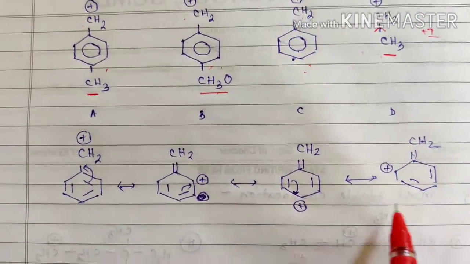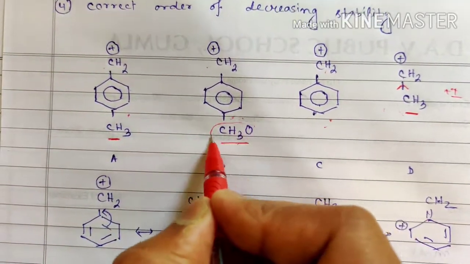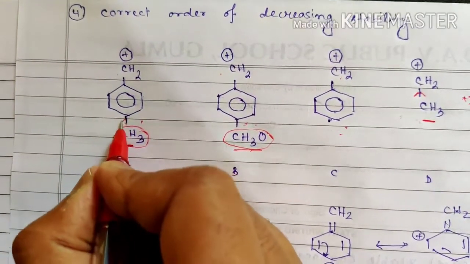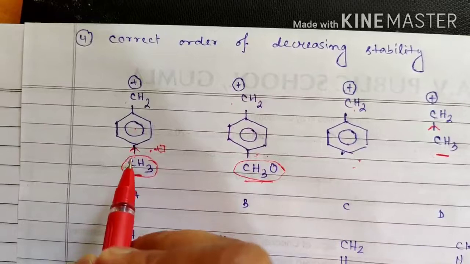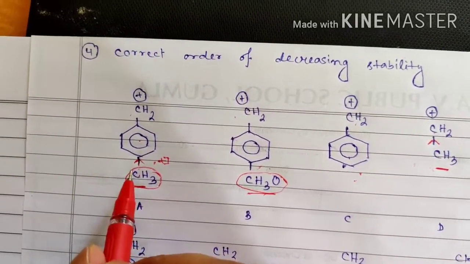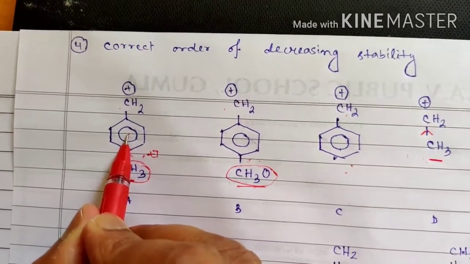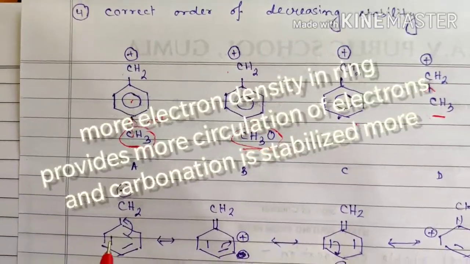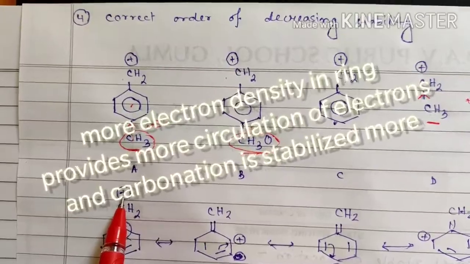Now, with the help of this discussion only, we can see what are the further attachments. One is OCH3 group, one is CH3 group. We know that CH3 group provides plus I effect to the ring. So the point is, if the electrons are being circulated in the ring itself, the ability of the ring electrons to go towards the positive charge will be even more.